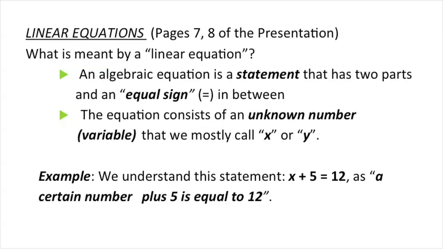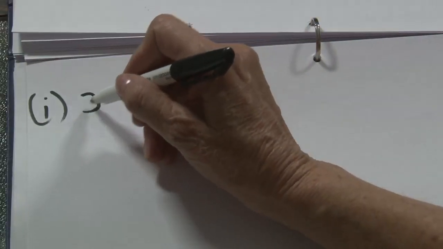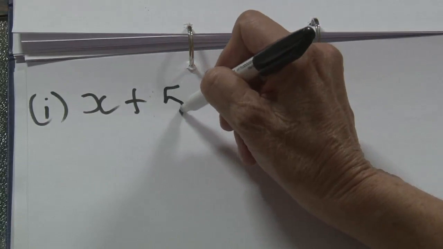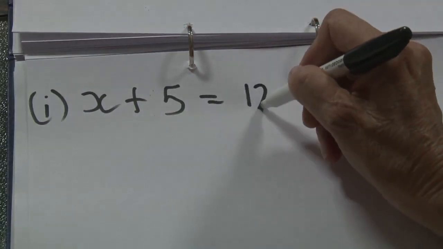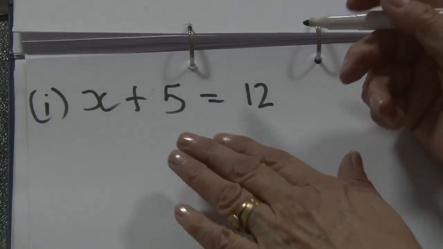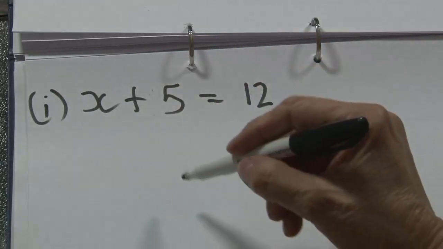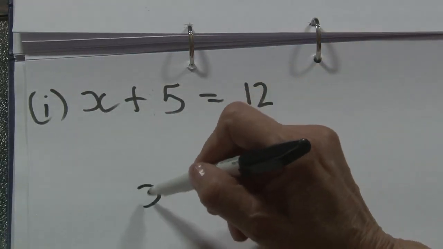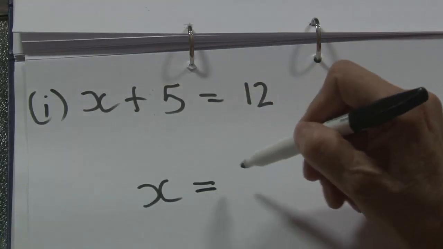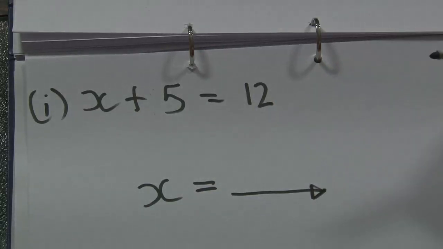Let me just start. The first one looks like this. It's x plus 5 is 12. Now I have to do my calculations, and in the end I should have x is so many.